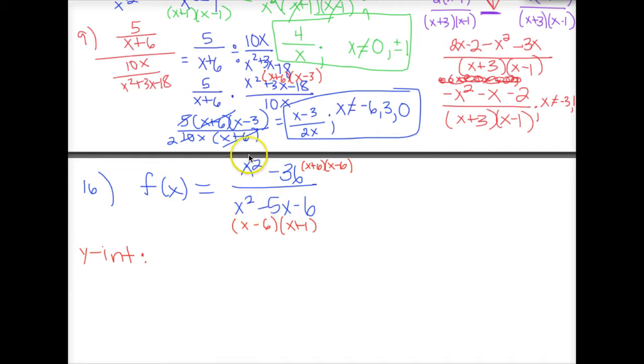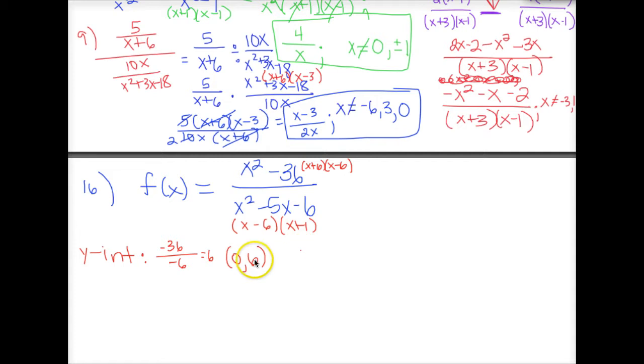It's probably easier to do that in the original rather than the factored. So 0 minus 36 is negative 36, over 0 minus 0 minus 6. So I get negative 36 over negative 6. So that means my y-intercept is at (0, 6).